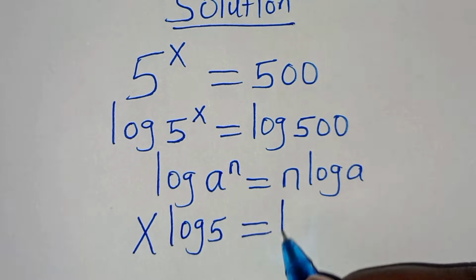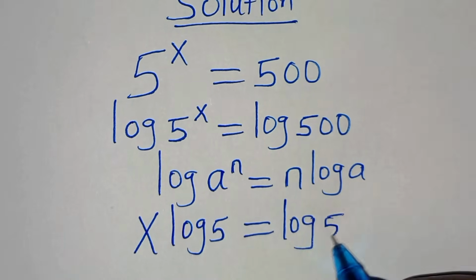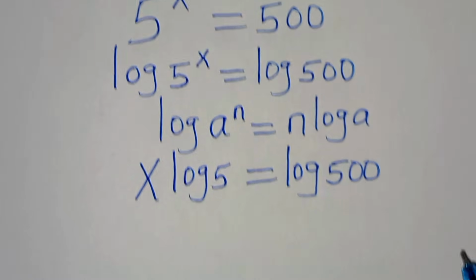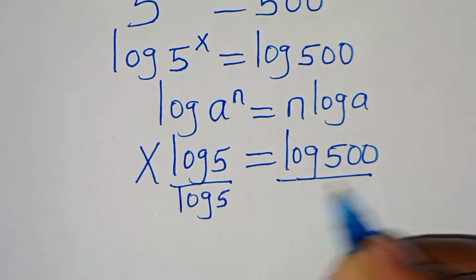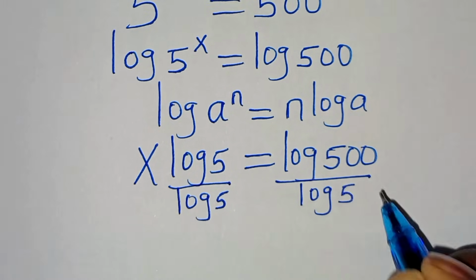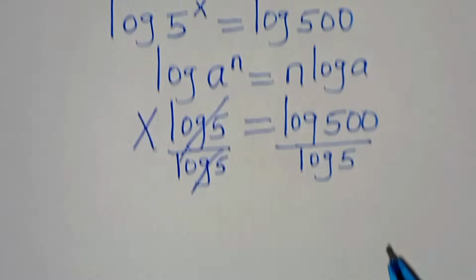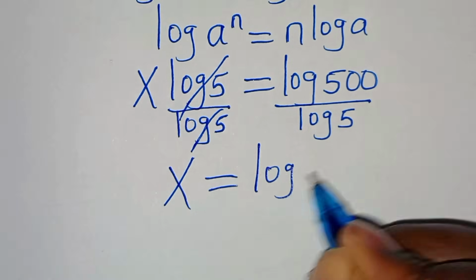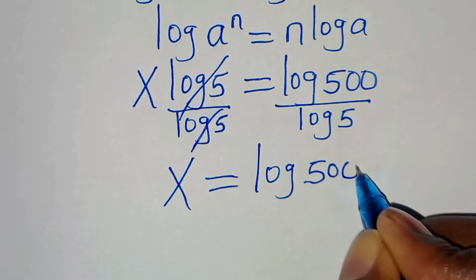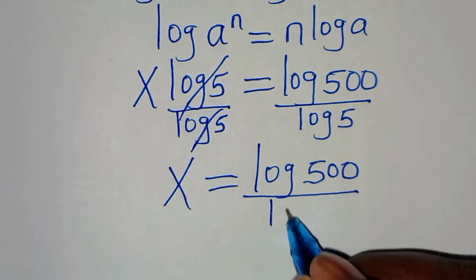This is equal to log 500. So we can divide both sides by log 5. Let's simplify log 5 and log 5 here, so that we have x is equal to log 500 divided by log 5.